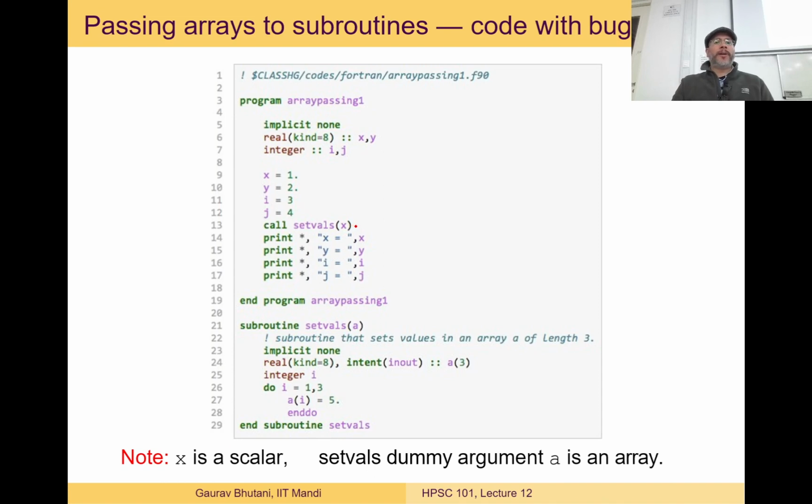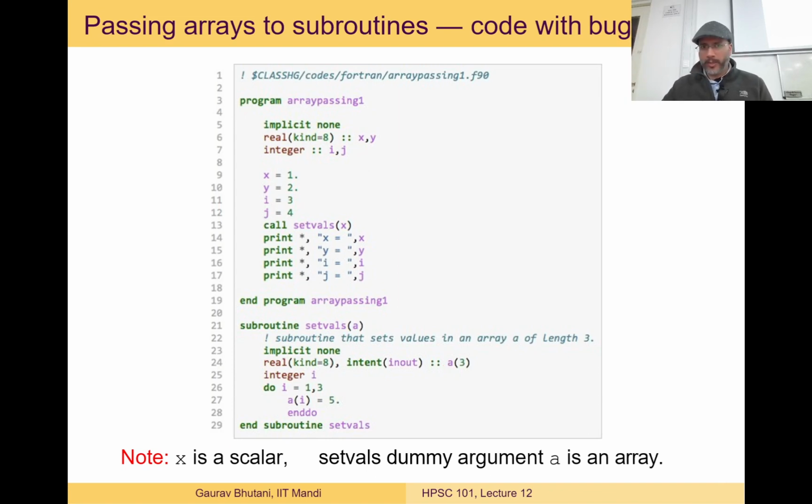So when you call it on x, x is a variable which is equal to 1.0 to start with. You are passing just one real number, which is 8 bytes, but the subroutine modifies 3 contiguous real numbers, which is 24 bytes.